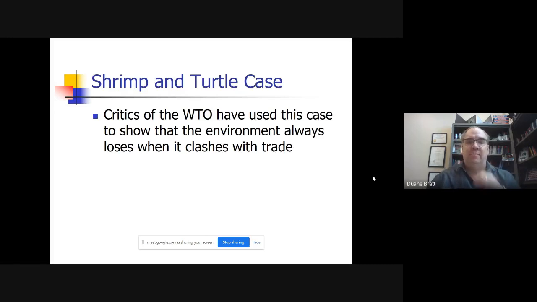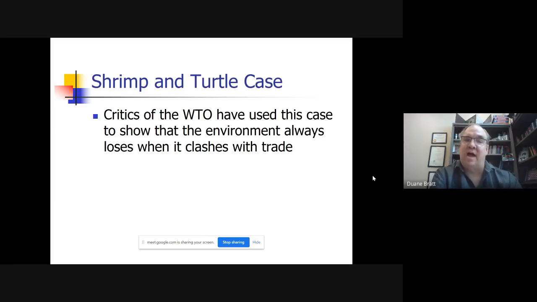Well, critics of the WTO have said, as with the person wearing the turtle suit, that the environment always loses when it clashes with trade. But they tend to focus simply on the panel of experts' decision on shrimp and turtle, as opposed to the appellate body in the first case, and both the panel of experts and the appellate body in the second case.